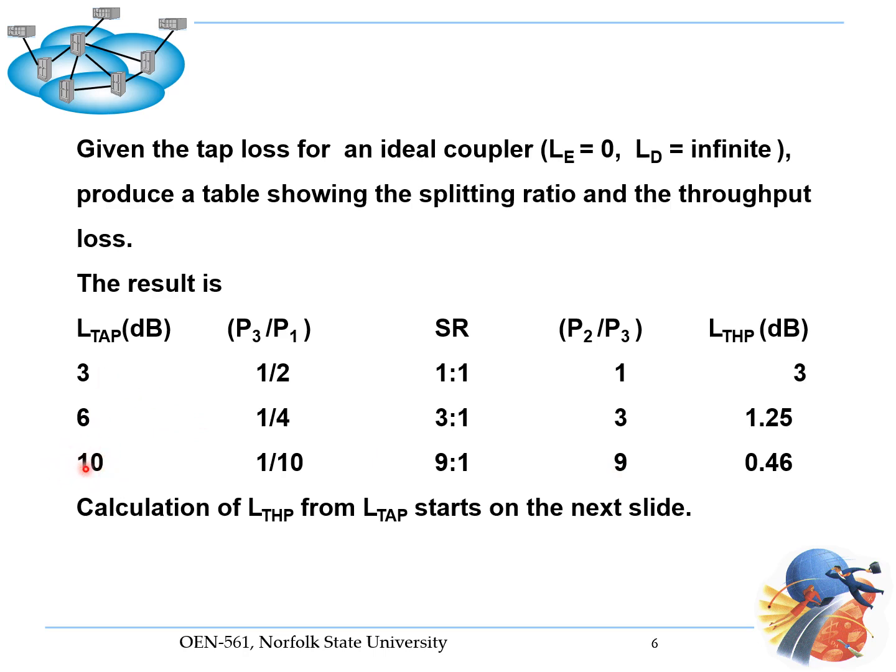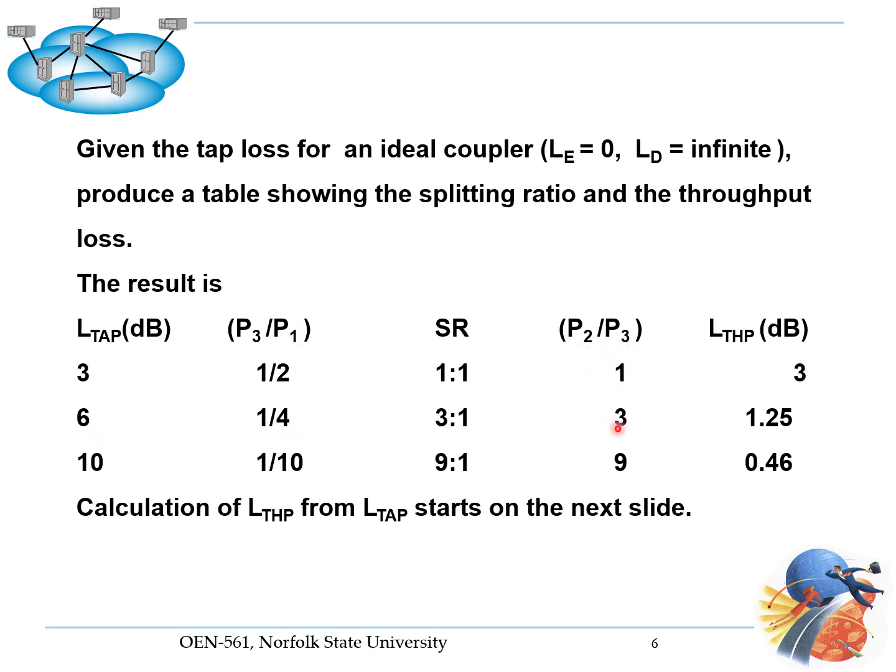So signal attenuation in port 3 is 10 dB, and throughput loss is 0.46. That is, the signal attenuation in port P2 is about 0.5 dB. Now for another directional coupler with split ratio 3 to 1, P3 over P1 is 1/4, and the tap loss is 6 dB.